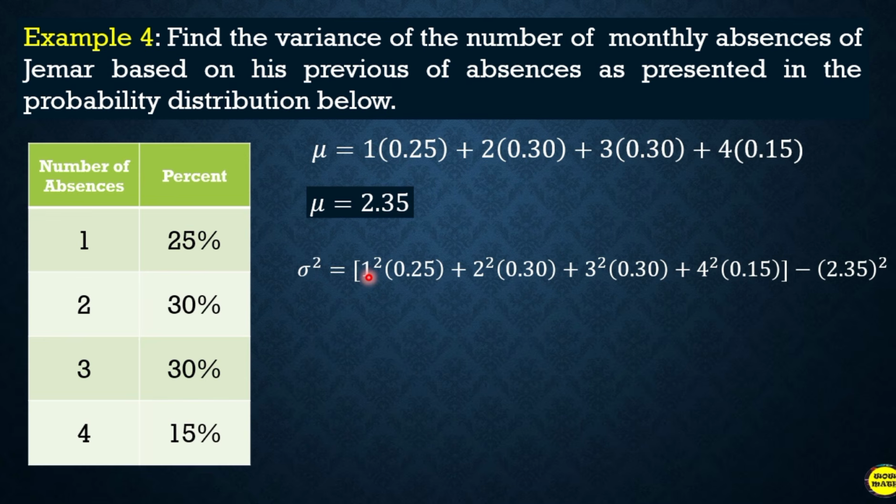So that is 1 squared times 0.25 plus 2 squared times 0.30 plus 3 squared times 0.30 plus 4 squared times 0.15 minus yung squared ng mean value natin. Okay? So, the answer is 1.03. So, pwede nyo i-double check yung sagot natin. So, again, the variance of the number of monthly absences of Jemar is 1.03.